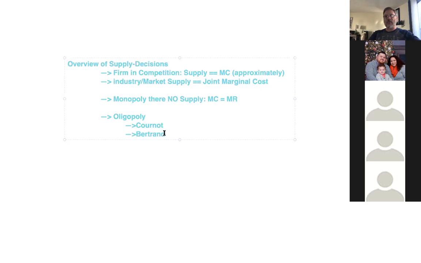But based on what we just talked about, a monopolist with an entry threat behaving like a competitive industry, it really highlights what these models say and how wildly different they are. So one way that firms can compete is through quantity. So the Cournot model is a quantity setting model.